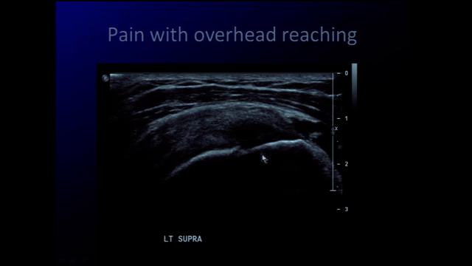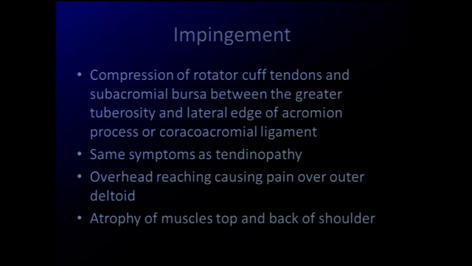Now, if you're not sure whether this is a tear, you may compress on this area to see if you can find a convexity or flattening of the contour of the tendon, or you may rotate the transducer or rock the transducer to bring out any potential anisotropy. And here we have a little bit of fluid in the overlying subacromial subdeltoid bursa, but this is a case of tendinosis involving the supraspinatus tendon.